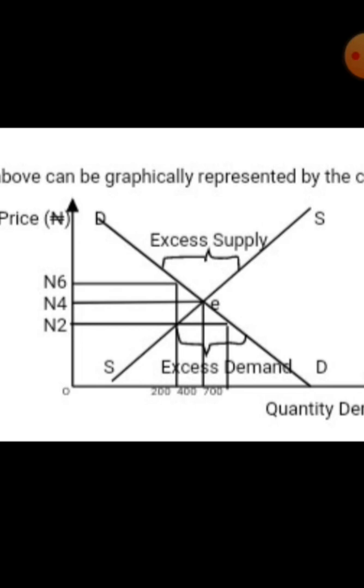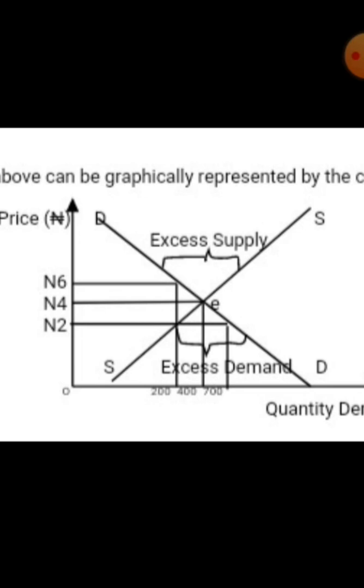Like I've said, your equilibrium point is your point E on that diagram. Your equilibrium price is 4 naira there. Then your equilibrium quantity demanded and supplied, traced down to the quantity axis, is around 600.